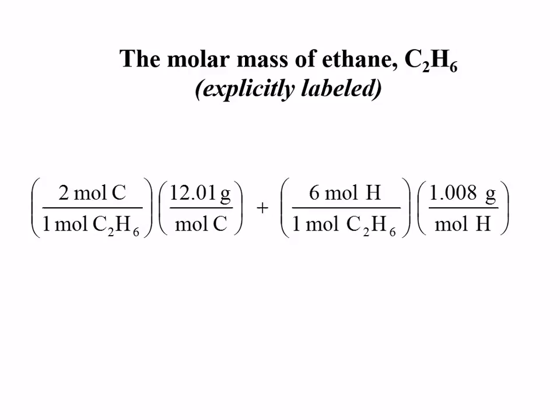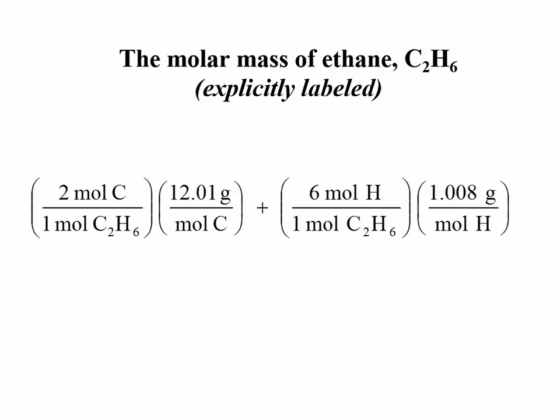And then I can write something for the hydrogen term. The formula says that I've got 2 carbons and 6 hydrogens. So I have 6 moles of hydrogen atoms for every 1 mole of the compound, C2H6. From the periodic table, we know that for hydrogen, we have 1.008 grams of hydrogen for every 1 mole of hydrogen.